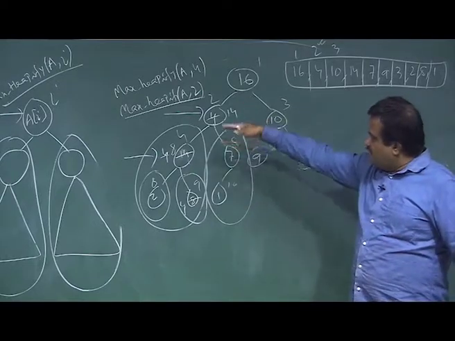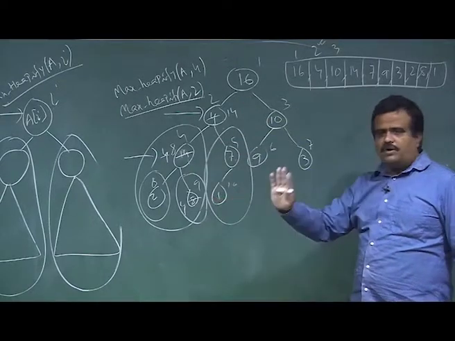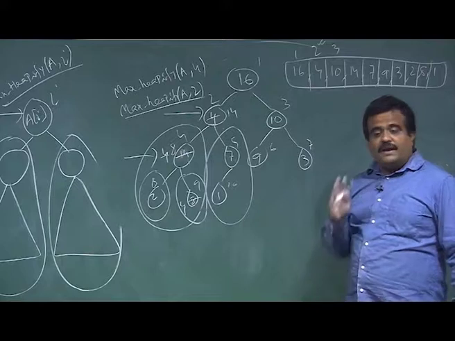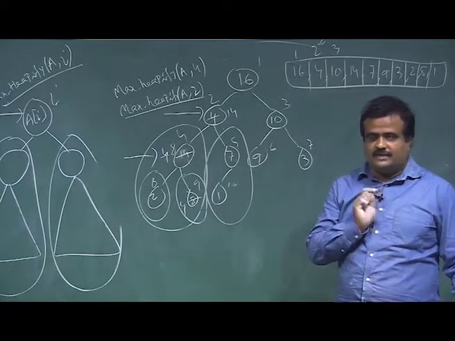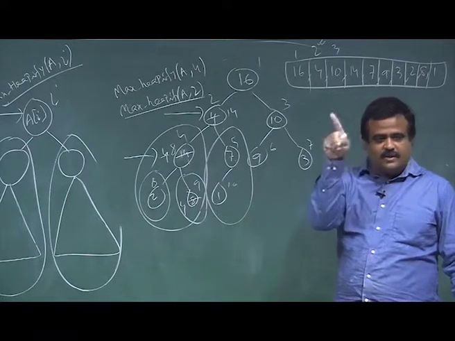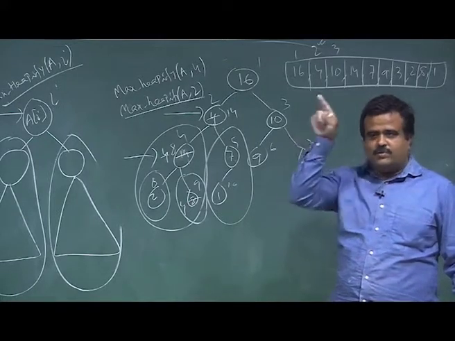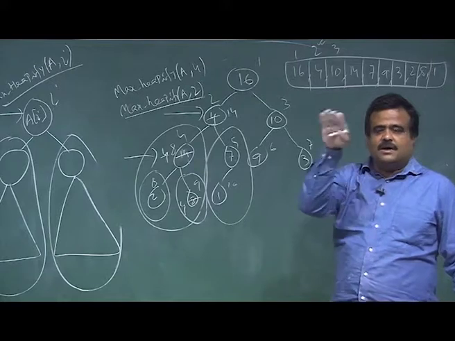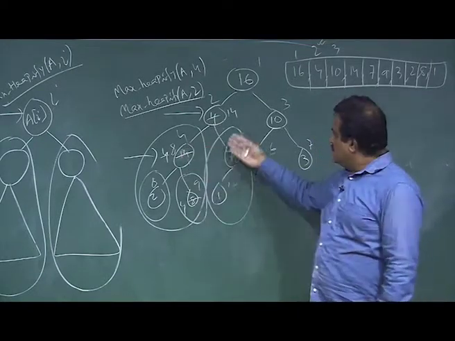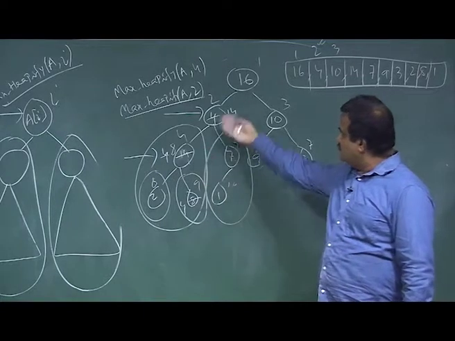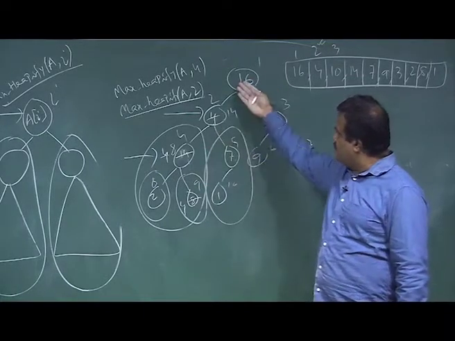So, we keep on doing this until we reach a leaf node or it is fixed. But every time we have to remember this can handle only a single violation. So, every time we need to check whether the left part is okay, the right part is okay. We may have a violation at the corresponding root. This is very much required. And then, what is the time complexity? It may go up to the height.